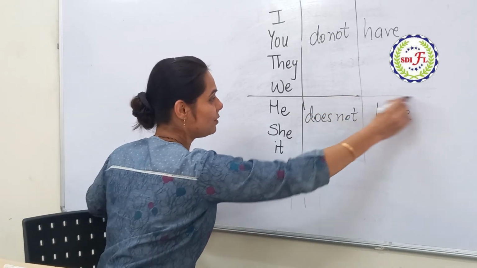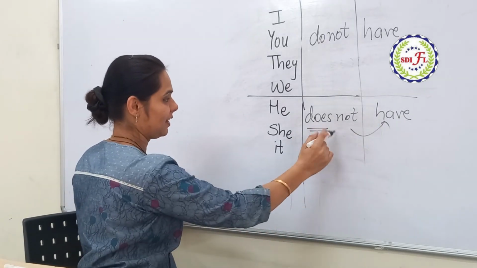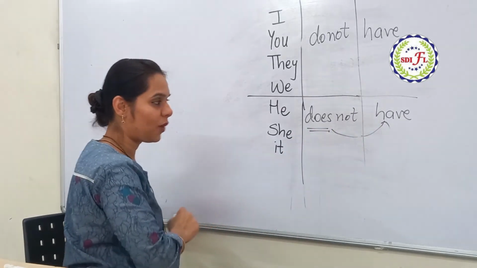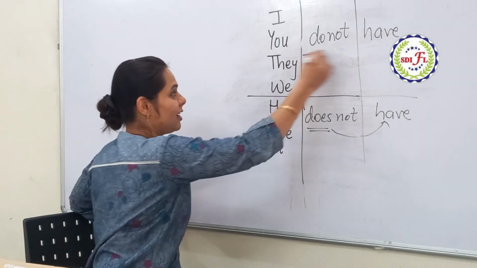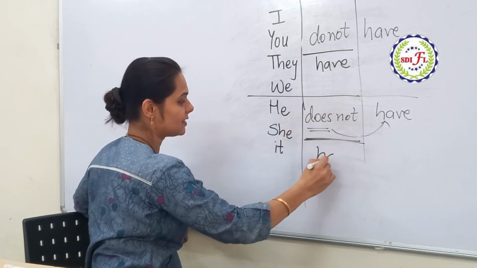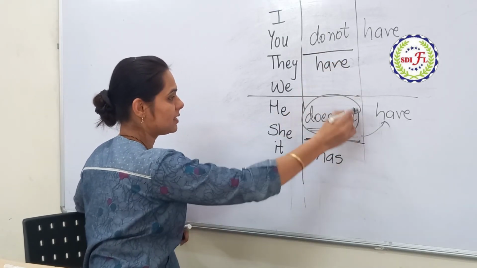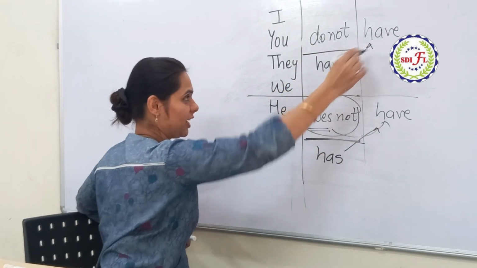The moment you use does here, it will be converted into have. It will be no more has. So either does not or do not, here normally you use have, here normally you use has. But the moment you use this, it will be have. And here there will be no change.